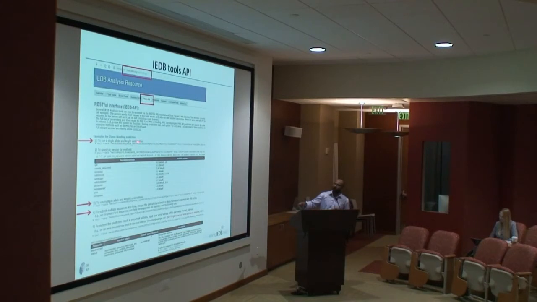Sample commands are given for Class 1. This is to run a single allele, single length combination. If you want to run multiple allele and length combinations, you can. There are different sample commands given here. You will have to use a Mac or Linux terminal to run these commands, and then you can try them out.